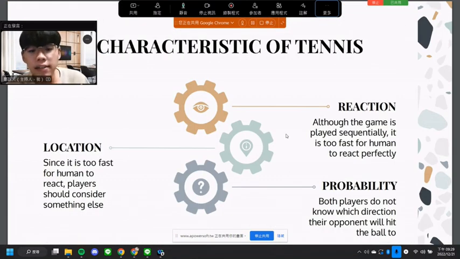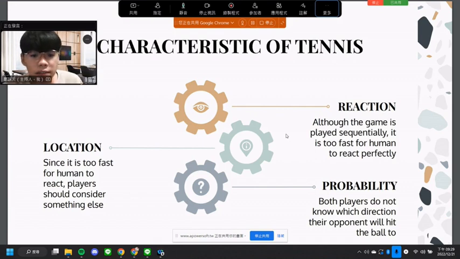Now, we should first understand the characteristics of tennis. We discussed it in three points: reaction, location, and probability. The reaction time for the two players is so short that they cannot react perfectly.